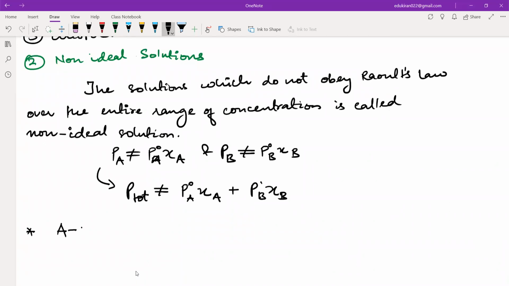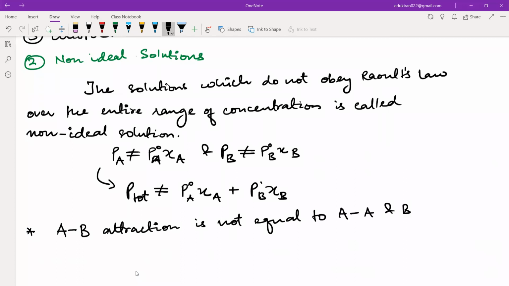AB attraction is not equal to AA and BB attraction.